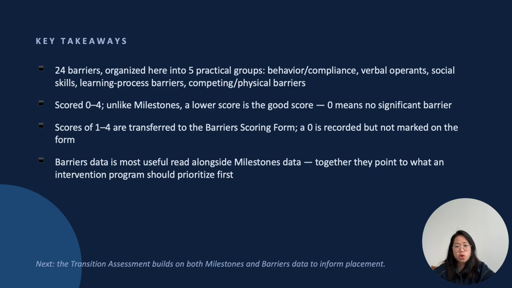A 0 is recorded in the assessment but not marked on the form itself. And the single most important habit to build: barriers data is most useful when it's read alongside the milestones assessment. Together, the 2 point towards what an intervention program should actually prioritize first. And next, we'll look at how the transition assessment builds on the milestones and barriers data to inform a placement decision.